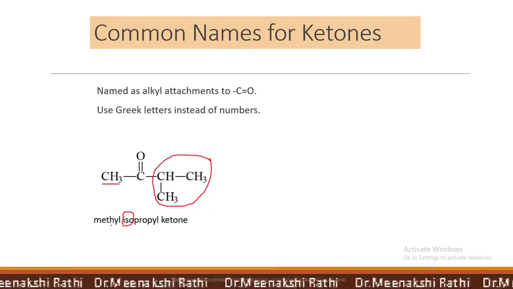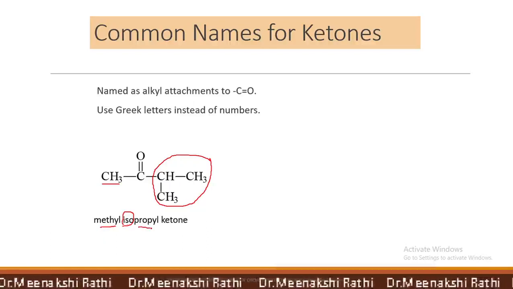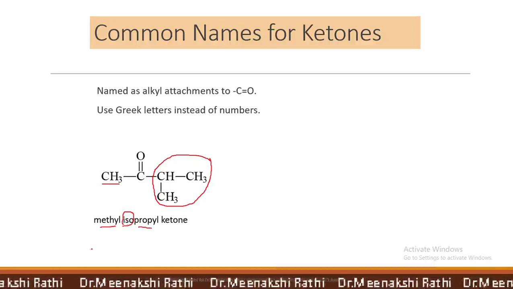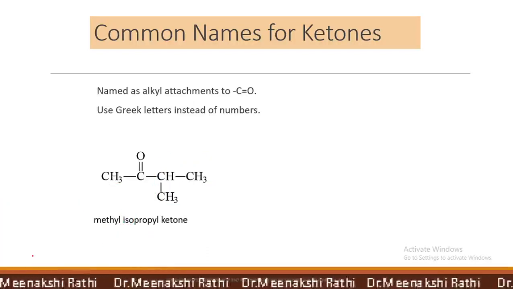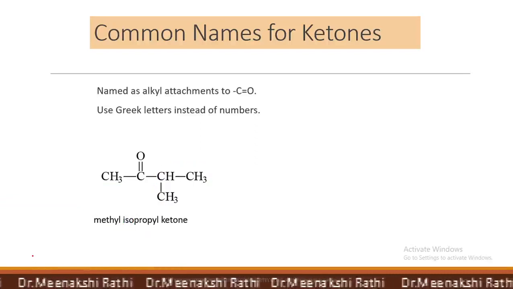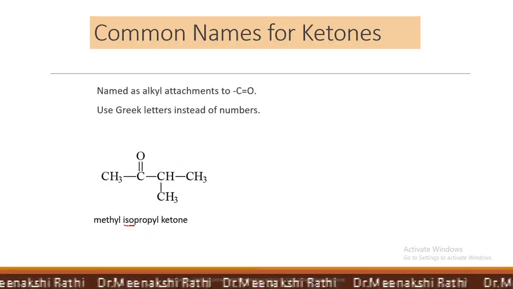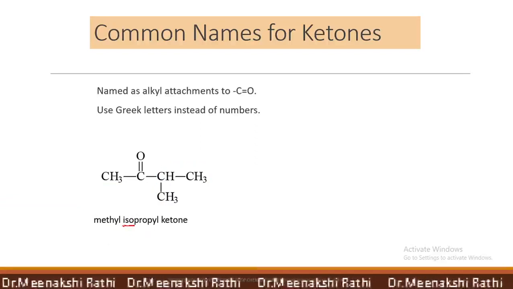Alphabetically, which comes first, methyl or propyl? Of course, M comes first alphabetically. So its name is methyl isopropyl ketone. While writing the common names, there is no need to consider these prefixes, iso, neo.